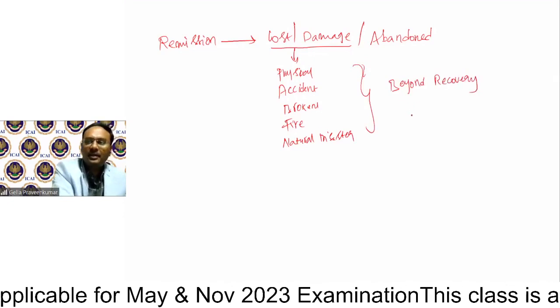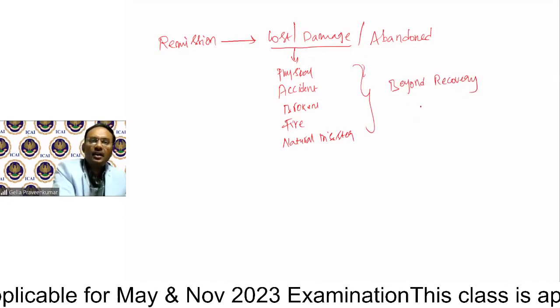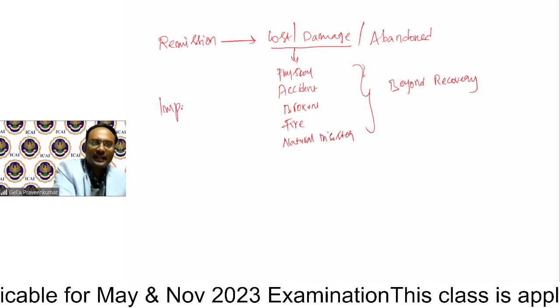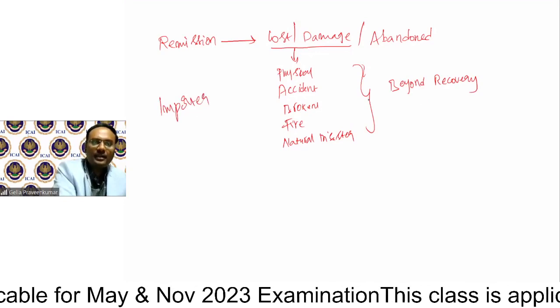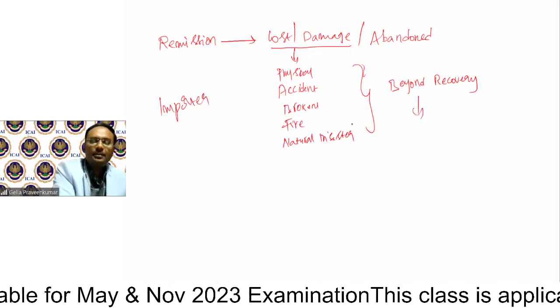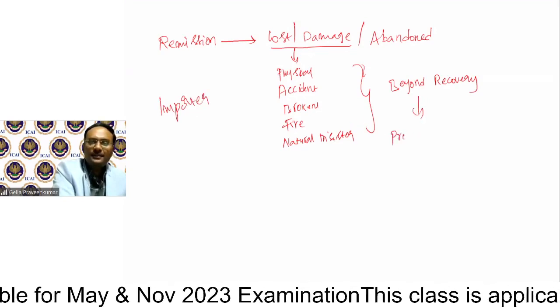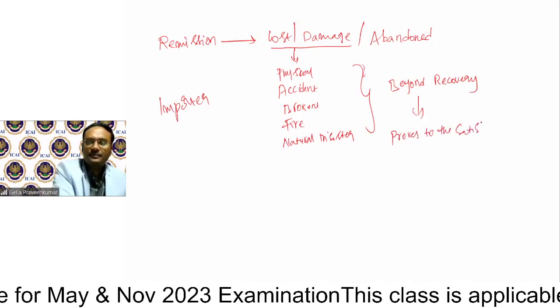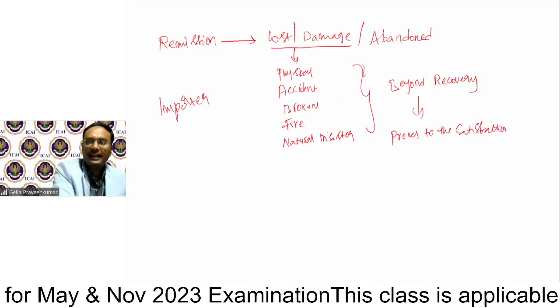These are beyond recovery. So if there is a loss or damage, I, as an importer, need not pay customs duty, provided this importer proves to the satisfaction of ACDC.